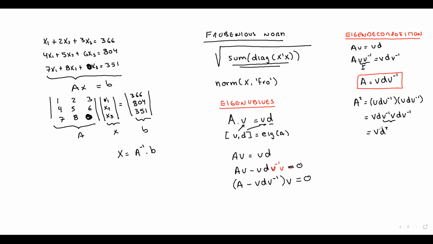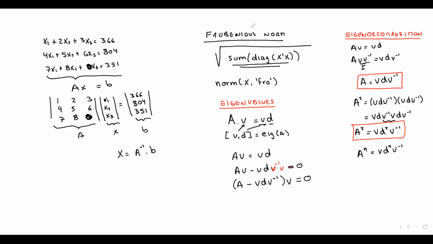Remember, D is a diagonal matrix, so when you multiply two diagonal matrices, it's simply D squared, times B to the minus 1. And so this is your A squared, guys. We can generalize this and argue that A to the n is simply B, D to the n, B to the minus 1.